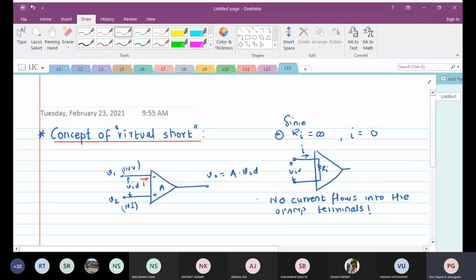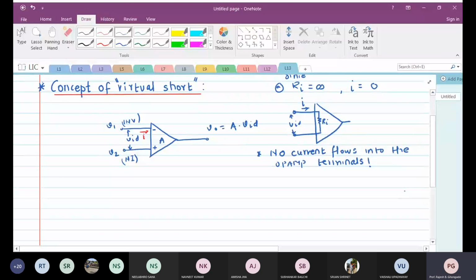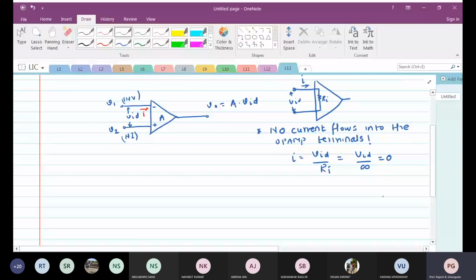This is a very, very important thing. Okay? Is this fine up to this point? Because Ri, this is I, which is the current flowing into the op-amp, which is nothing but VID by infinity, which is equal to 0. Okay.